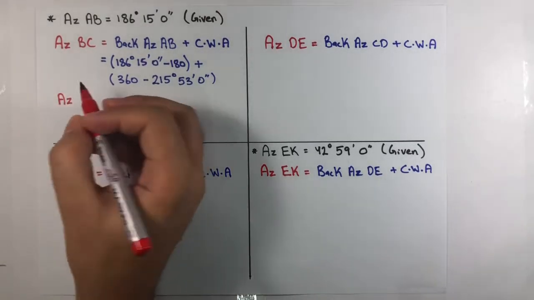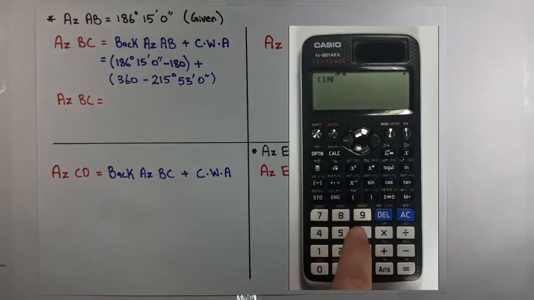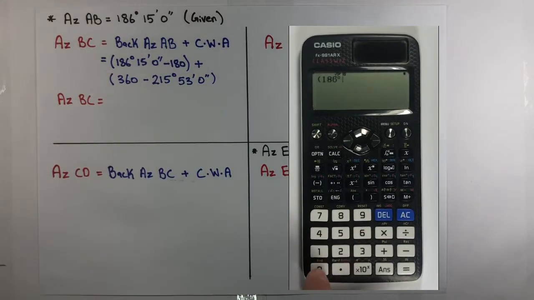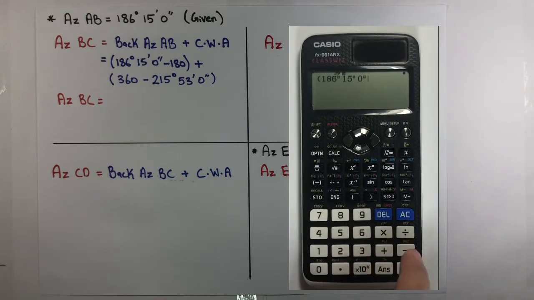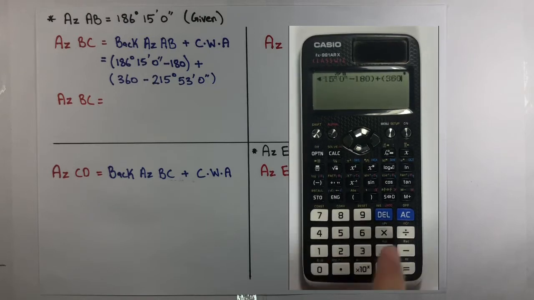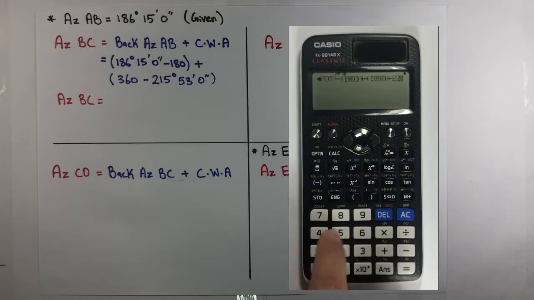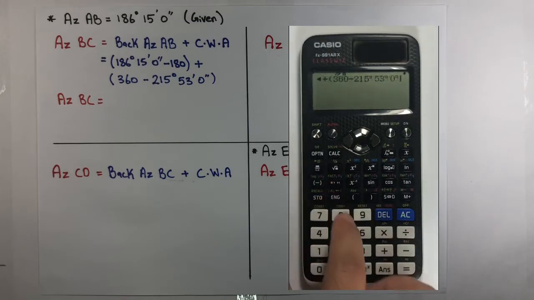So azimuth of BC is equal to, let's do the calculation, 186 degrees 15 minutes 0 second minus 180 degrees plus 360 degrees minus 215 degrees, 53 minutes and 0 second.